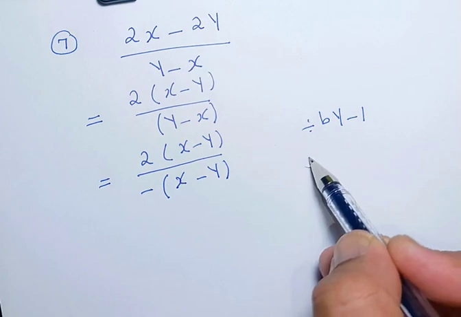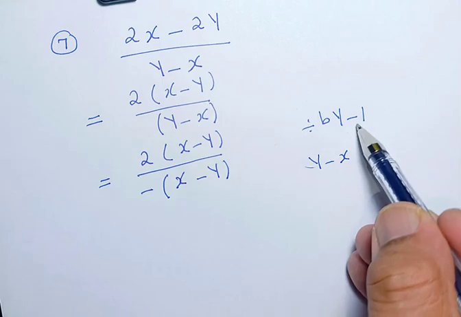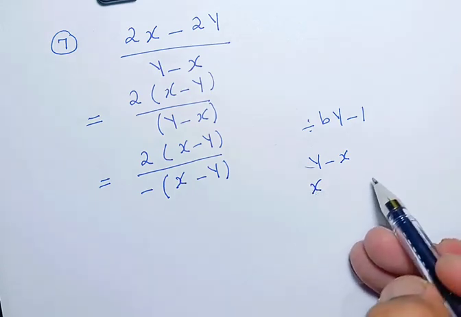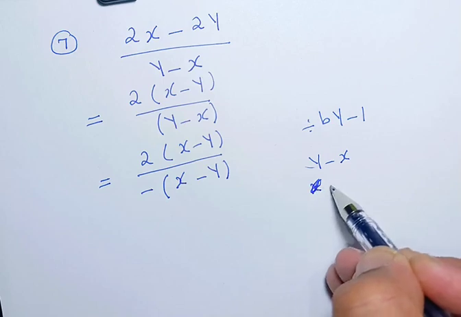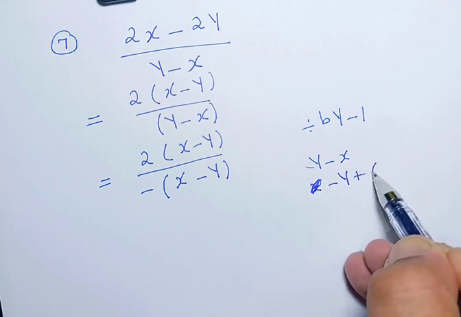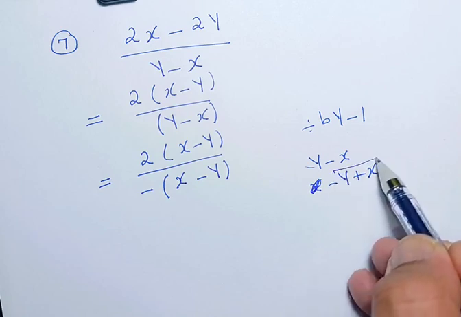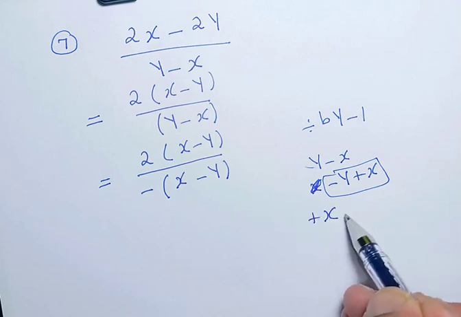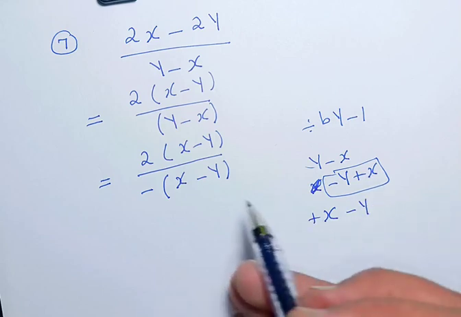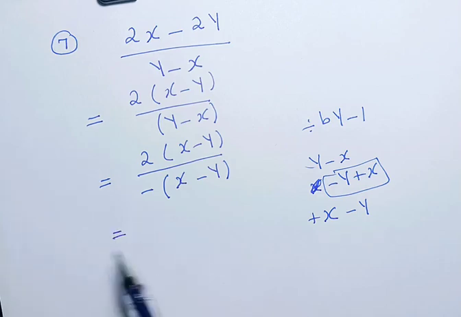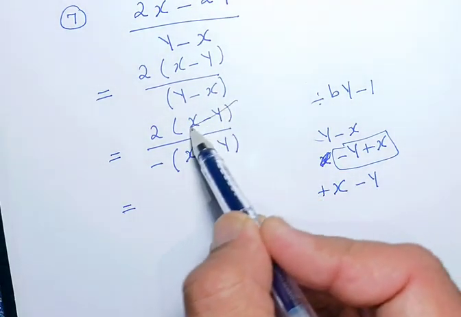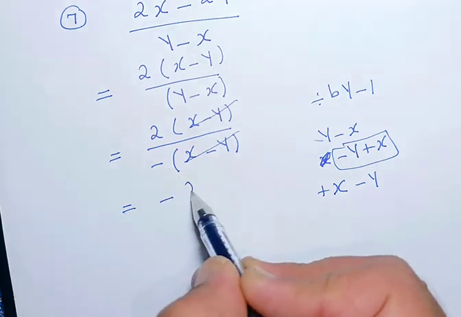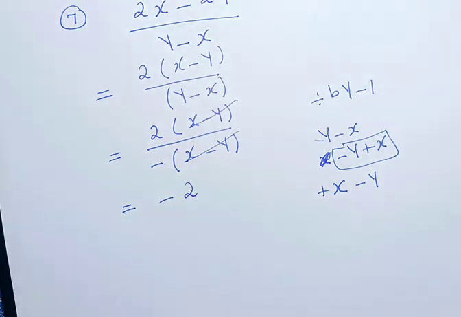Have a look here, if I say y negative x, you divide by negative 1, the answer is going to be a negative y and positive x. I can write this as positive x and negative y, same thing. So that I do here. Now I can cancel out here. 2 divided by negative 1, the answer is going to be negative 2. So this is my final answer.